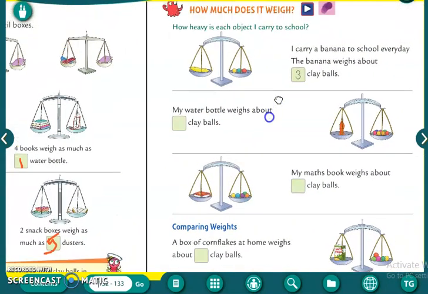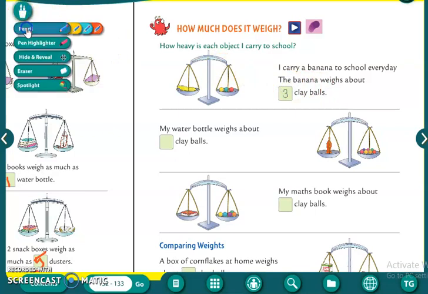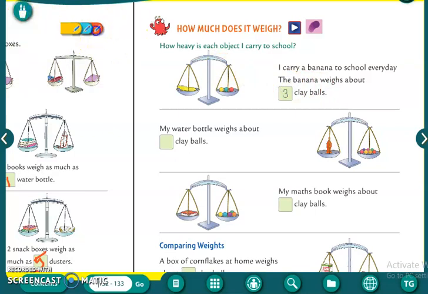It is similar only. I carry a banana to school every day. The banana weighs about, see, on one side there is a banana and on the other side there are how many clay balls? 3 clay balls. Now similarly, my water bottle weighs how many clay balls? Count over here. 1, 2, 3, 4, 5, 6 and 7.